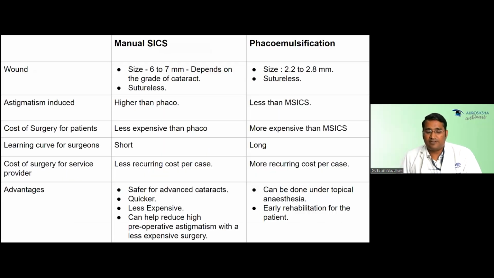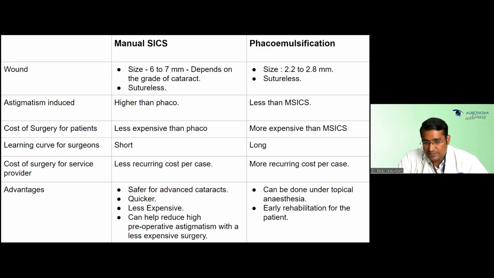So the basic difference between an SICS and phacoemulsification is, to summarize, the wound will be 6 to 7 mm. It will depend on the grade of the cataract in an SICS. You don't have to apply a suture, while the wound size is around 2.2 to 2.8 mm in phacoemulsification. The astigmatism induced by the wound is higher in SICS when compared to phaco.